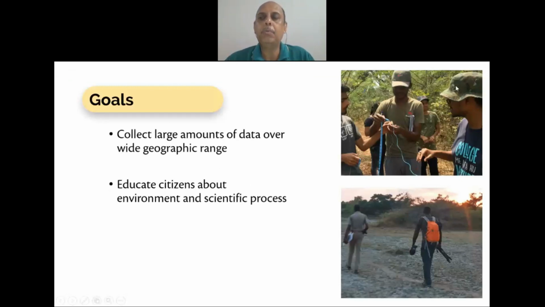Then we have to collect a lot of data with geography. One important thing is that we should always try to switch on our GPS on the mobile phone, because then the exact location of the picture is known.